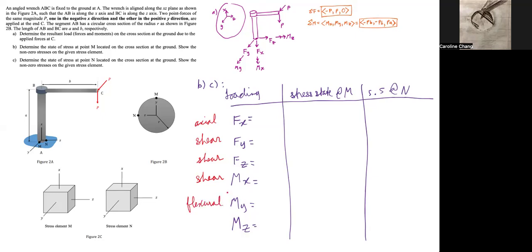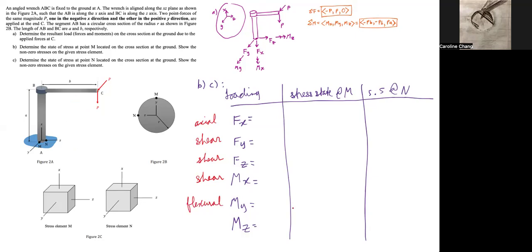And M of z is going to be also bending, because you're bending the beam this way, where it's coming basically out of the plane at you.